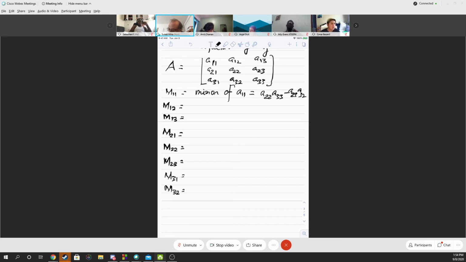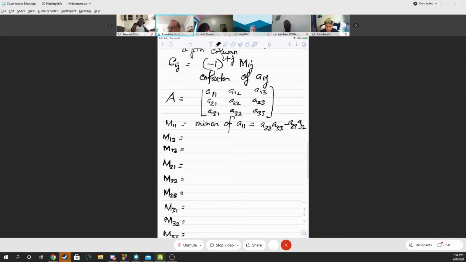So M12: this row and column go out, and you're left with A21 A33 minus A23 A31. That is the determinant, by the way, signs are not coming in.